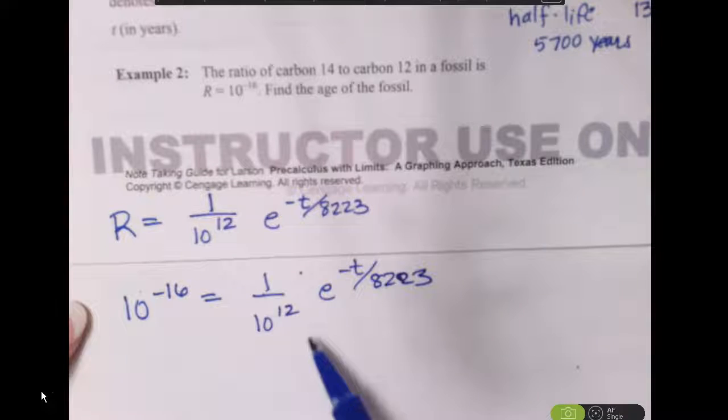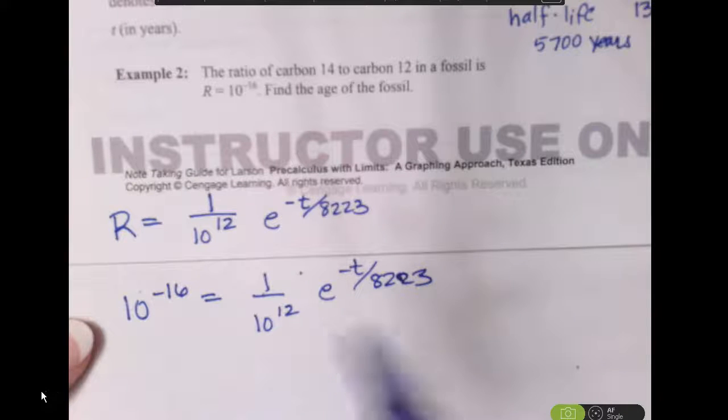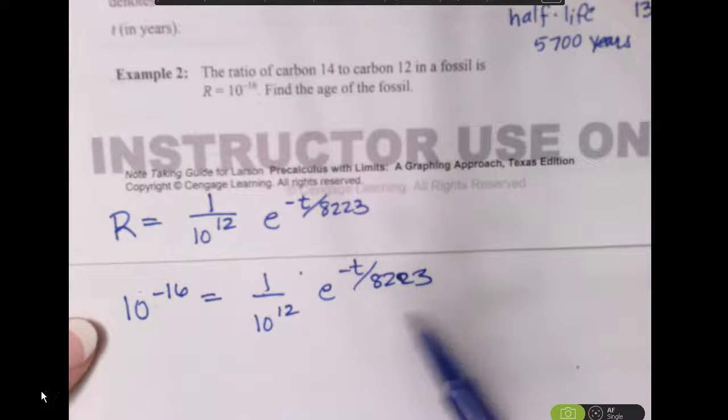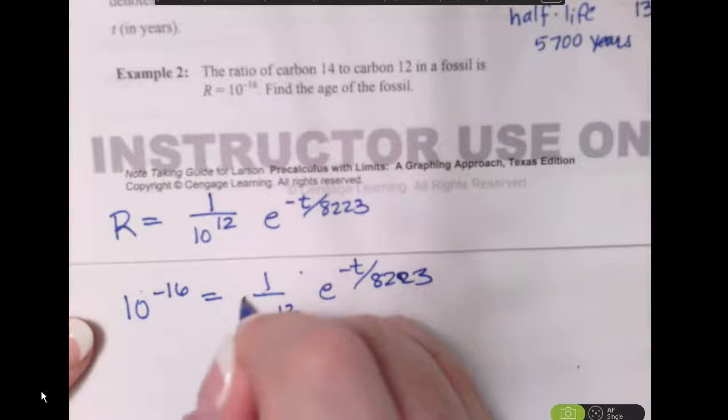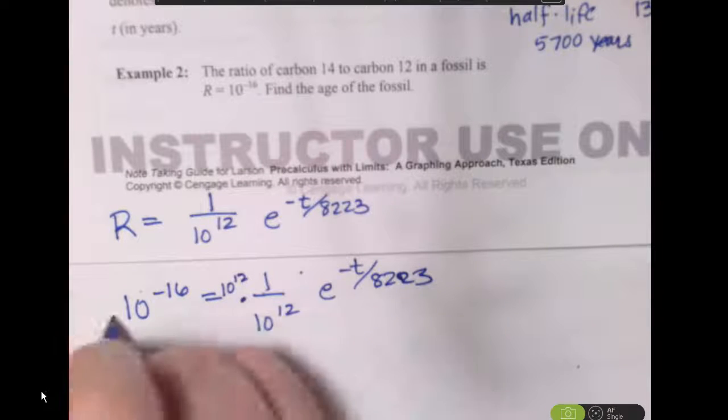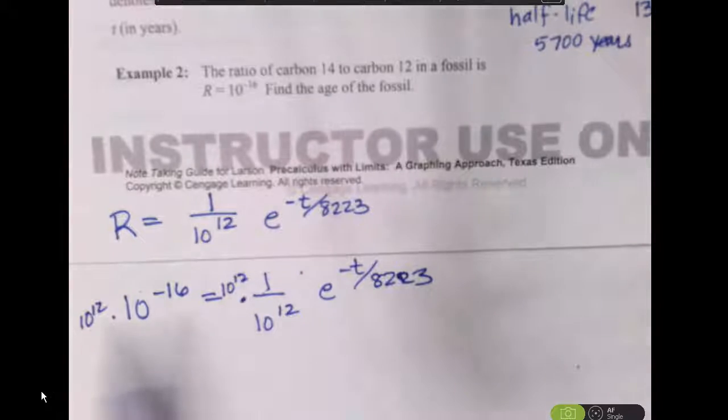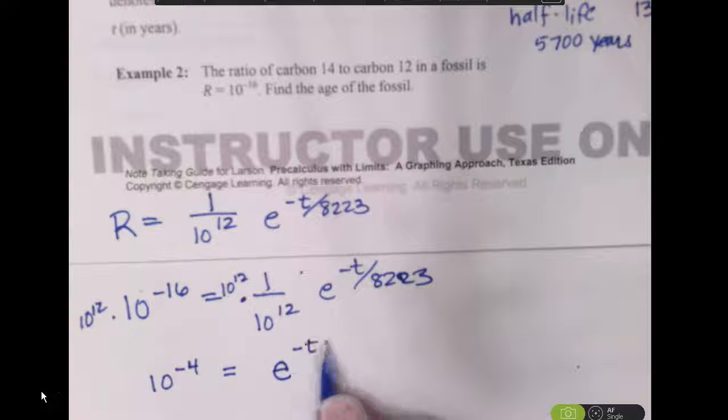You can see this is just a substitution problem, and with our e we're going to end up using a natural log at some point. So let me multiply this out times 10 to the 12th. Here we're going to use our exponent rules: 10 to the 12th times 10 to the negative 16th. We add our exponents. So 10 to the negative 4th equals e to the negative t over 8,223.